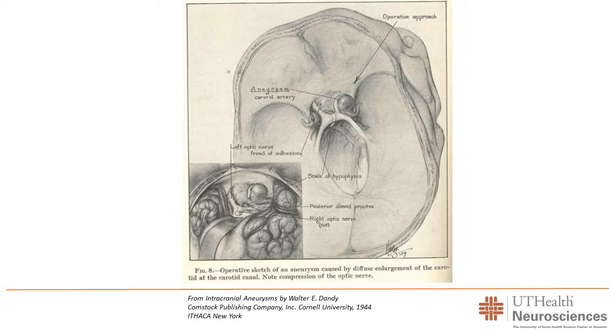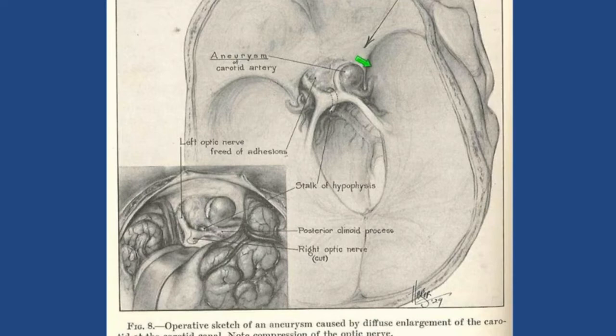The eye is over here. And coming into this area of the brain is a normal carotid artery, which you can see on the patient's left here. On the patient's right, you can see this aneurysm that's bulging out. In this case, and this can occur with other kinds of aneurysms, the aneurysm is now pressing on this nerve.